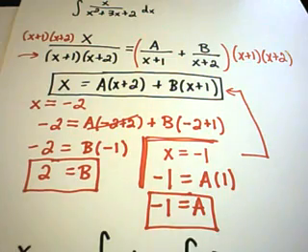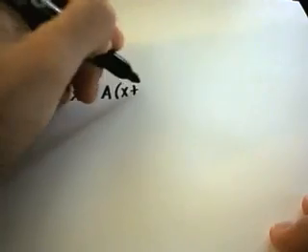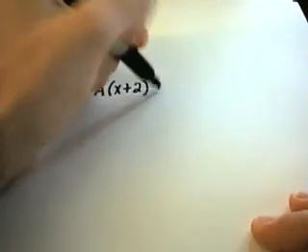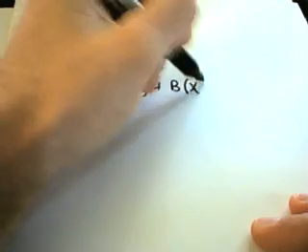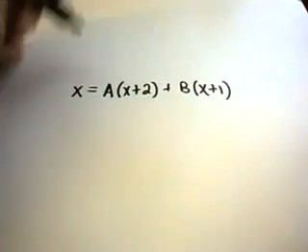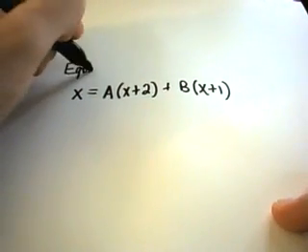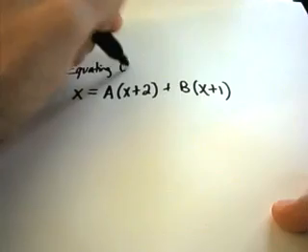So I'm going to come back to this equation, this x equals a times x plus 2 plus b times x plus 1. So that's the thing I'm going to work on now. And now we're going to use this method of equating coefficients.